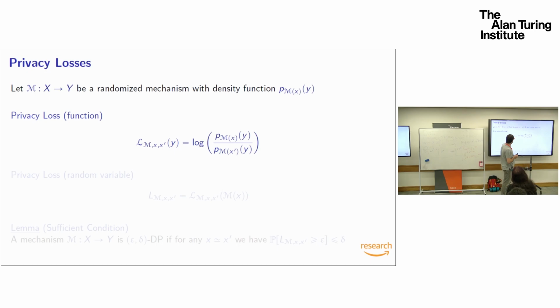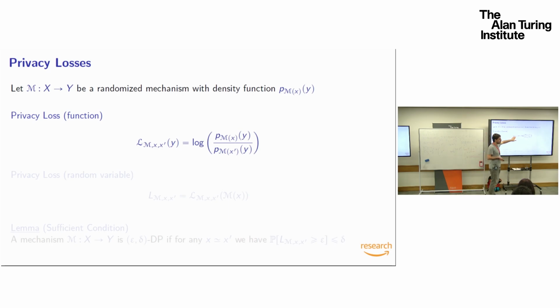The privacy loss function of the mechanism M with respect to x and x prime on output y is the logarithm of the ratio of these densities, the density of the mechanism on input x and the density of the mechanism on input x prime. So that basically measures how much more likely is the output y when I'm inputting x versus when I'm inputting x prime, or how much less likely. Okay?